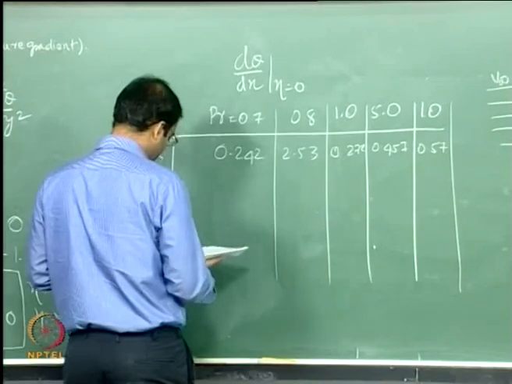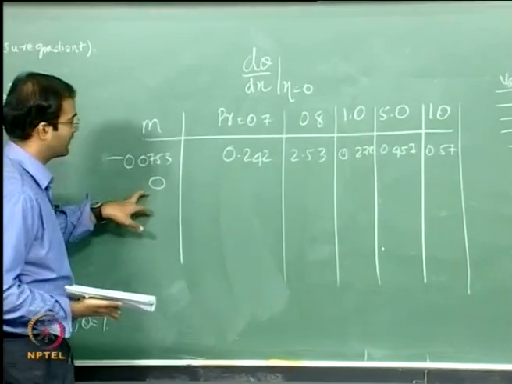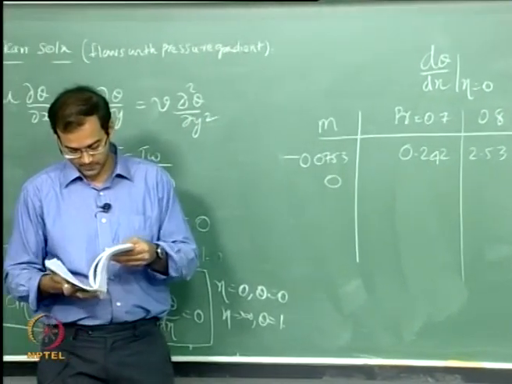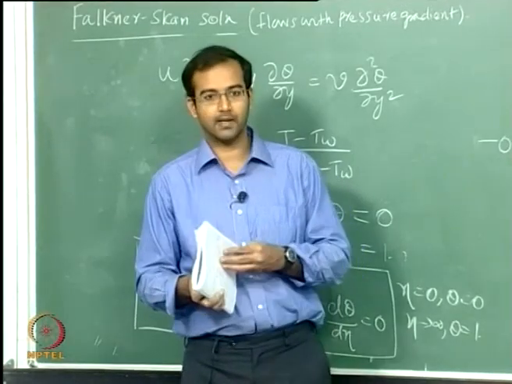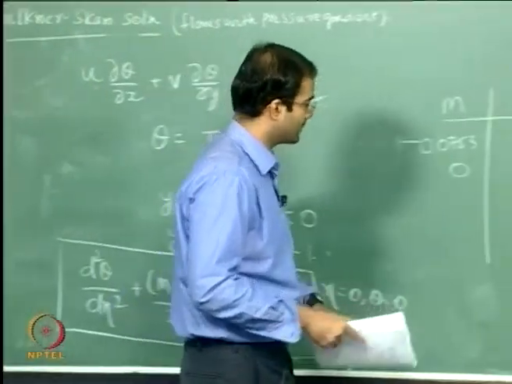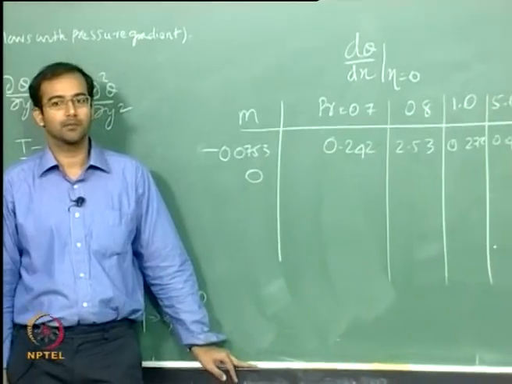Okay, so anybody remember now value of m equal to 0, flat plate, what should be the value at Prandtl number 0.7? You can calculate and tell me. What should be the value of d theta by d eta for Prandtl number 0.7?